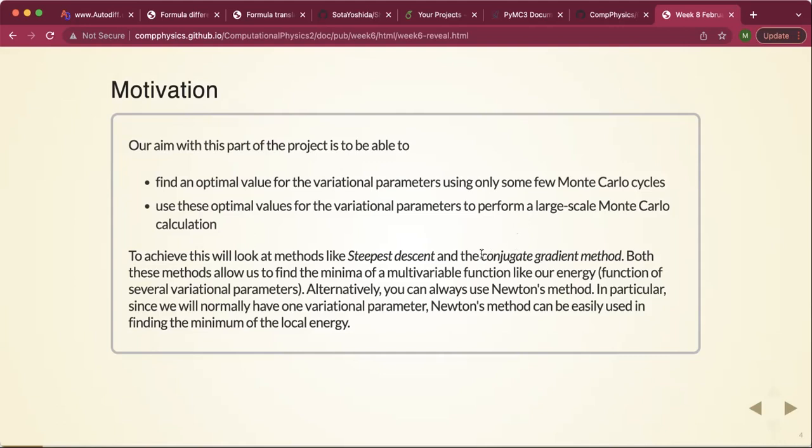As you will soon see, the conjugate gradient method and the steepest descent are methods which require that you calculate a second derivative of the function you want to evaluate. This second derivative is often described by a matrix, called a Hessian matrix, and you have to invert that matrix. So if you have many parameters, this matrix blows up in dimensionality.